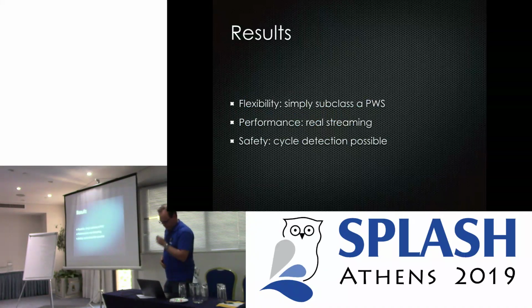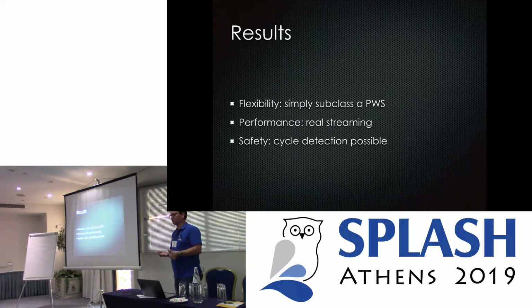Results. Well, we had 3 problems. Flexibility, that is solved. We can simply subclass a polymorphic write stream and just encode a difference to the superclass, and we'll have the new format defined. Performance, we get real streaming. And finally, safety, we can detect cycles because we have an object where we can store the information.